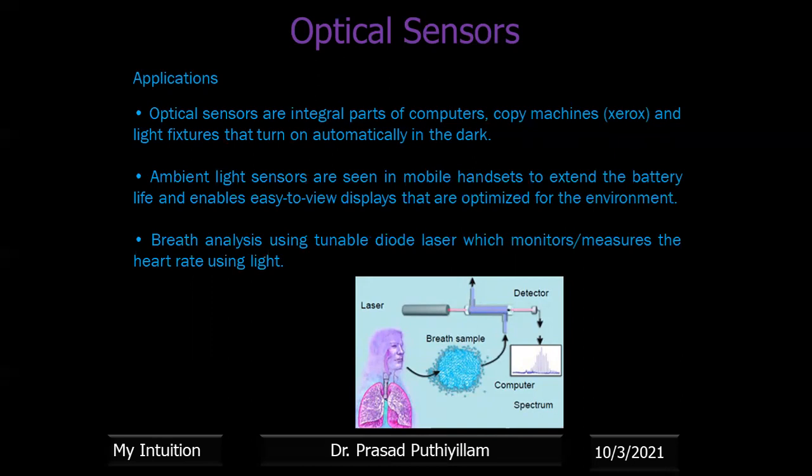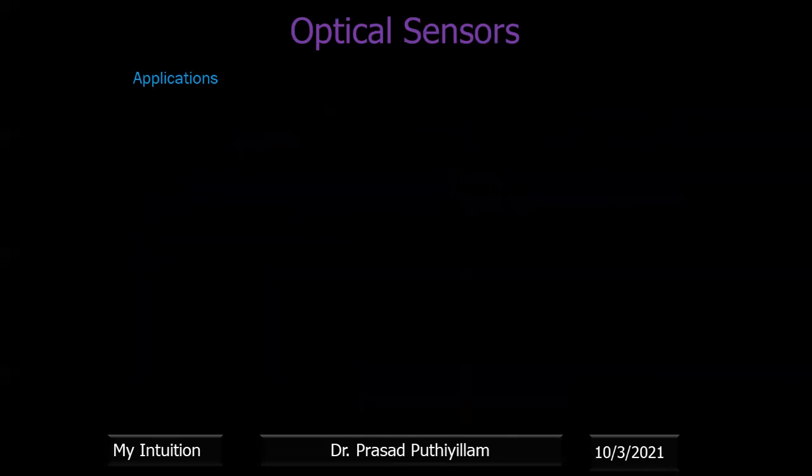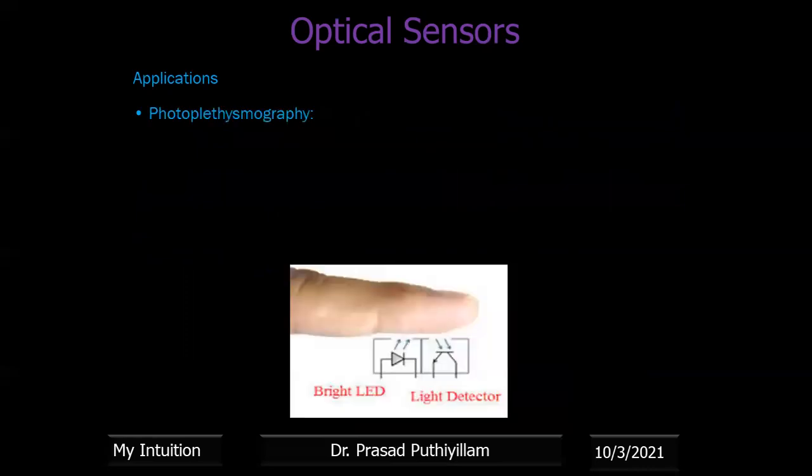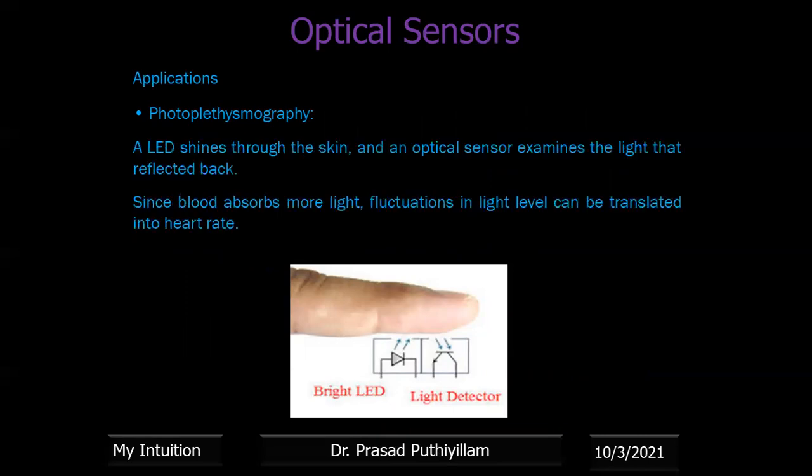Then breath analysis can be done with tunable diode lasers. It will monitor and measure the heart rate using light. That means our breathing is controlled by our heart rate, so based on the breath sample, it will detect and tell the rate of heartbeat. Similarly, photoplethysmography uses a very simple device to check the heart rate.